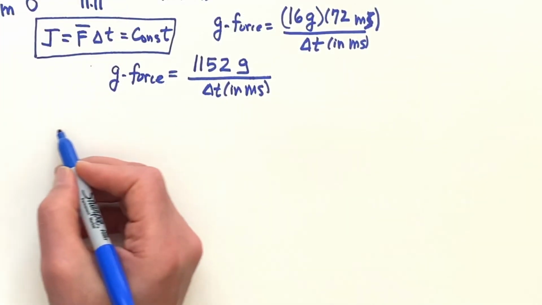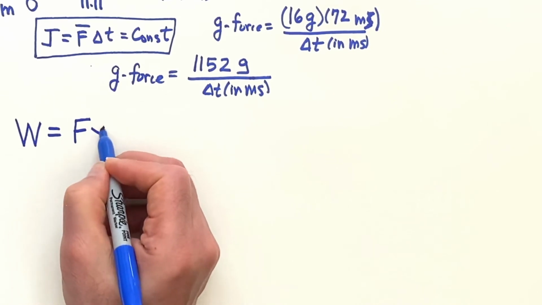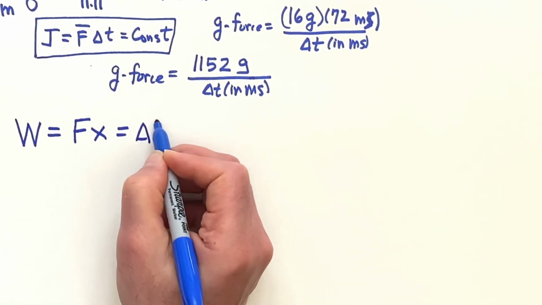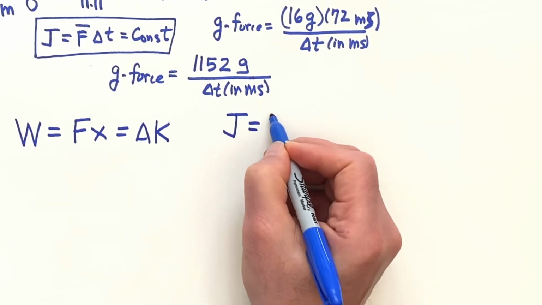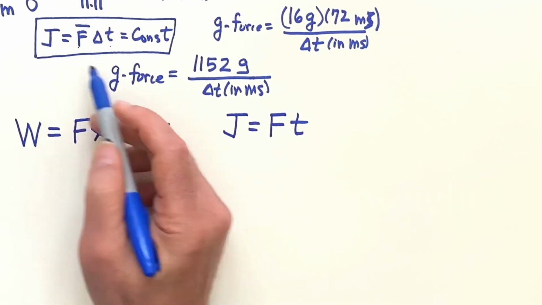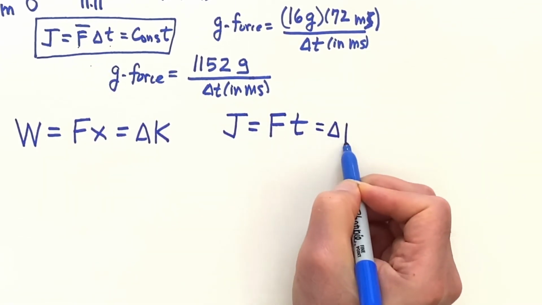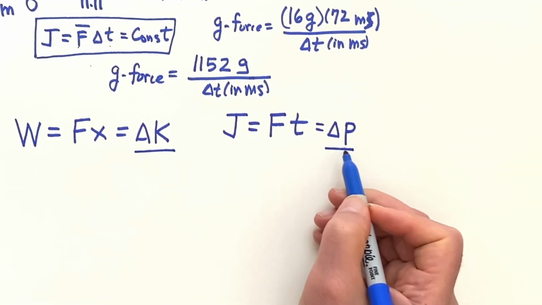So now we have an analogy with work. Work is force times distance, and that's the change in kinetic energy. And impulse is force times time, and that's delta P, just to make an analogy here. So this is kinetic energy, and this is momentum.